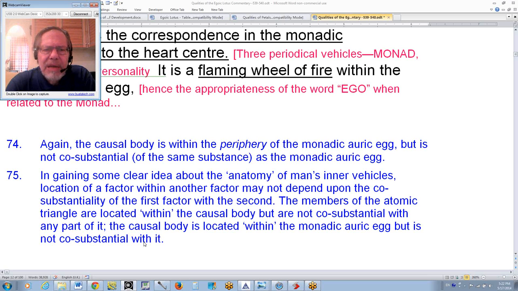So the members of the atomic triangle are, quote, located within the causal body but are not co-substantial with any part of it. I think that's an important point, and maybe I hit upon this word co-substantiality a little later than when I was trying to describe it before. The causal body is located spatially within the monadic auric egg from a certain type of reception, but is not co-substantial with it, and yet the withinness is still significant, still said to exist.